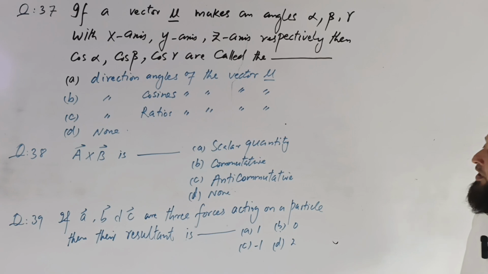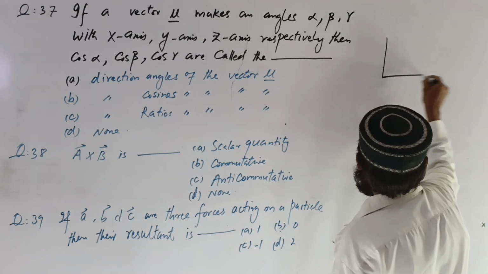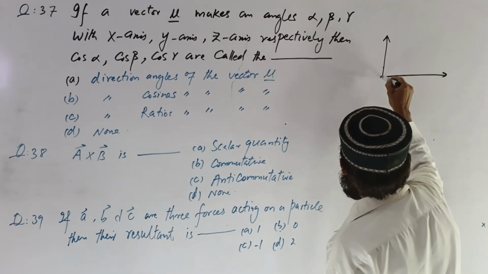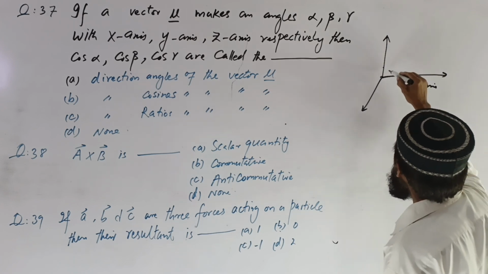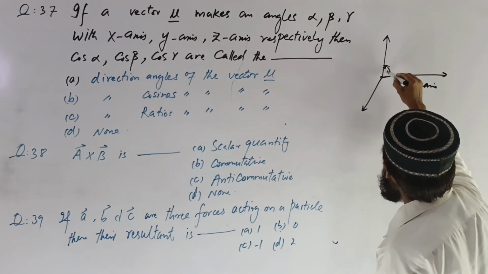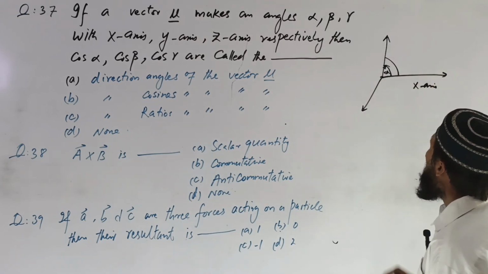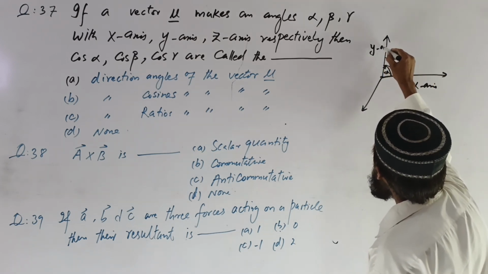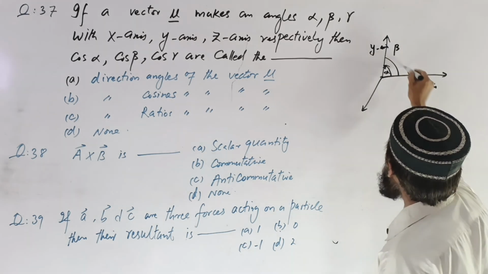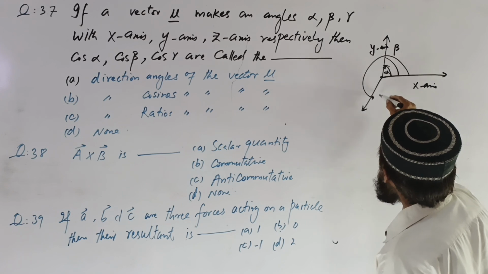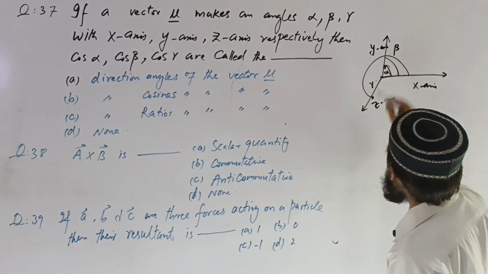According to the definition, along the x-axis the vector makes an angle alpha, along the y-axis it makes beta, and along the z-axis it will be gamma.